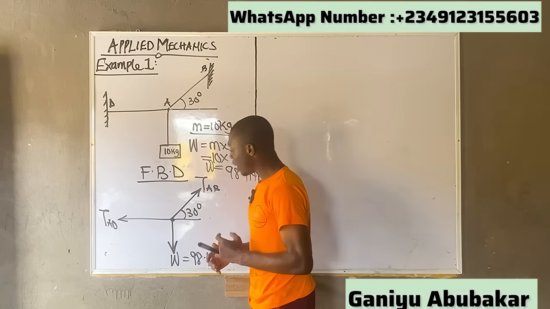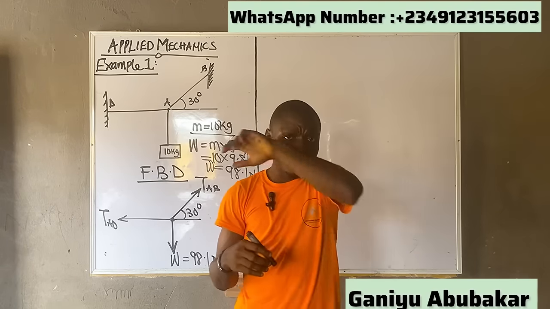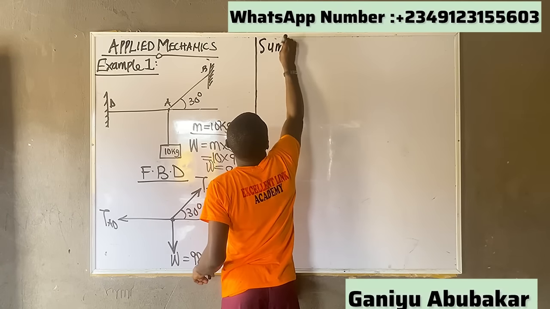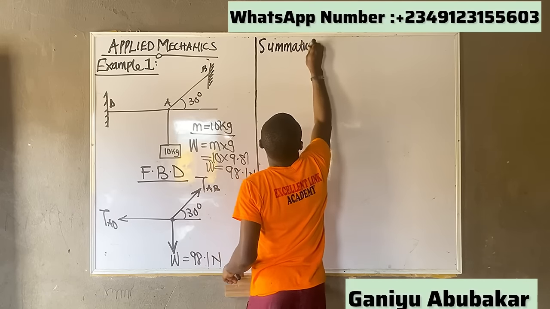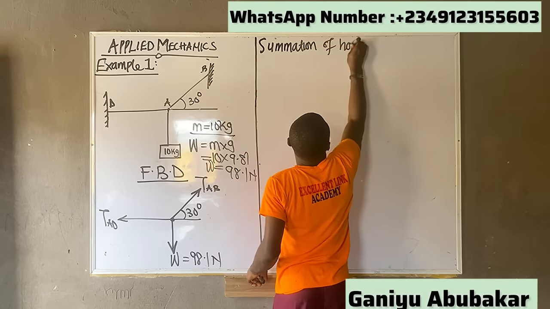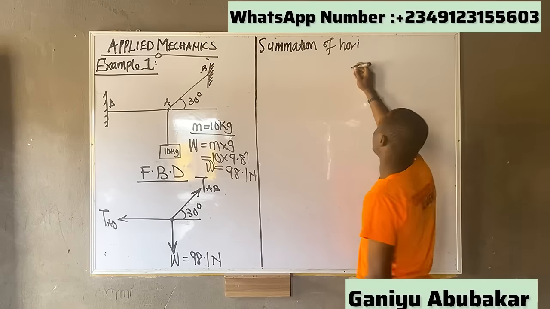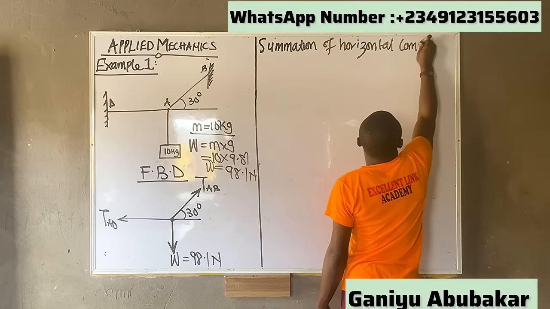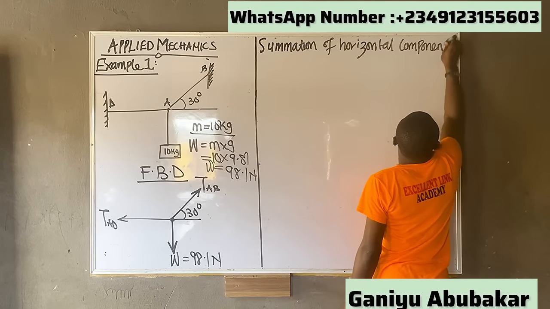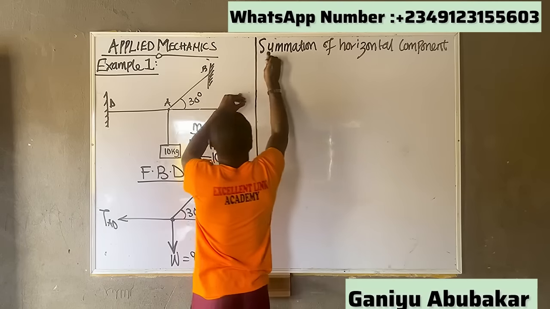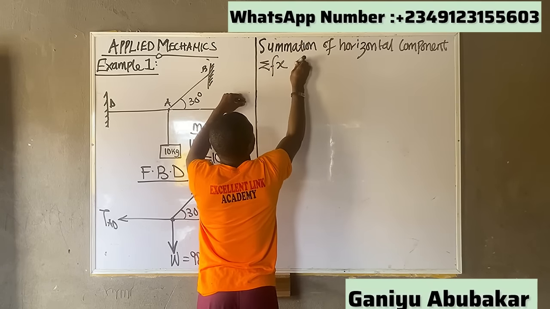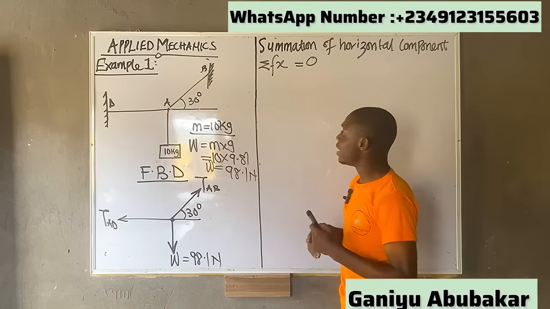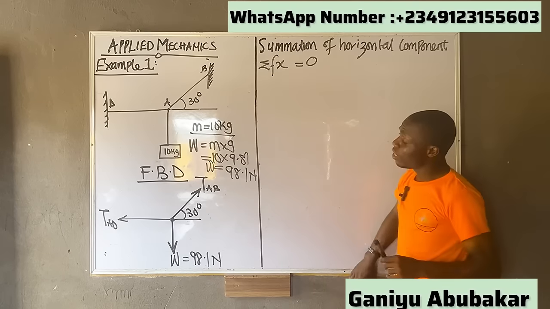First, to solve this problem, I have to apply the conditions of equilibrium. The first condition says let's do the summation of horizontal components, that is, summation of Fx equals 0.